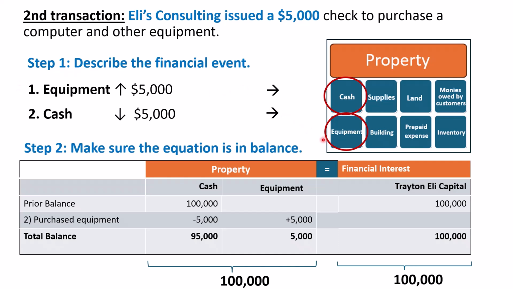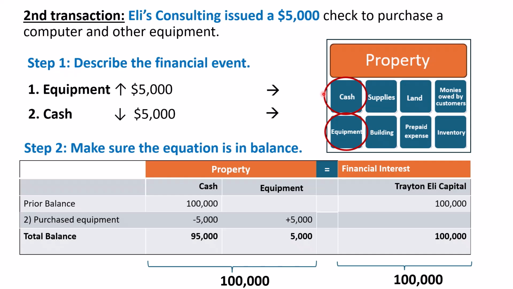That is part one of the transaction. But remember, every transaction has at least two parts. So for part two, the company also has now less cash. And cash is also a property of the business. So equipment on the property side increased and cash on the property side decreased.